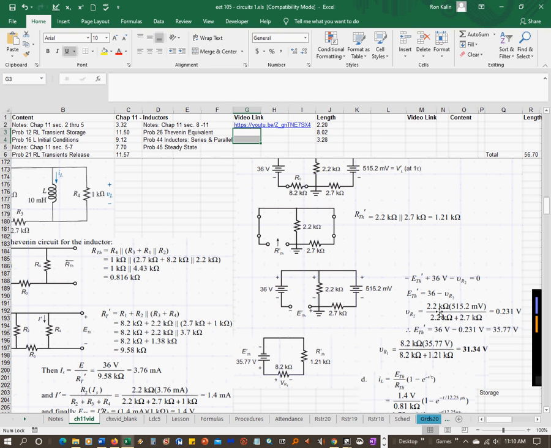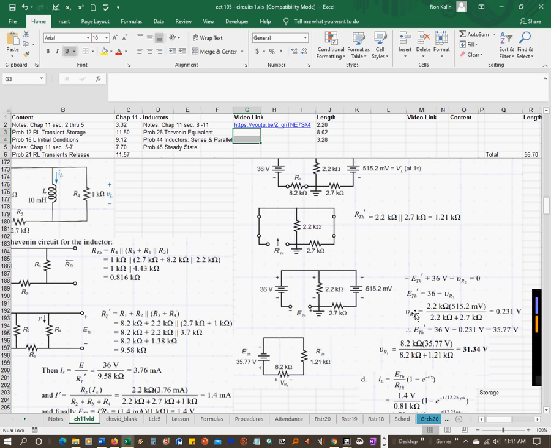You put in the 2.2K times this voltage here divided by these two resistors, which is going to end up being 0.231 volts.